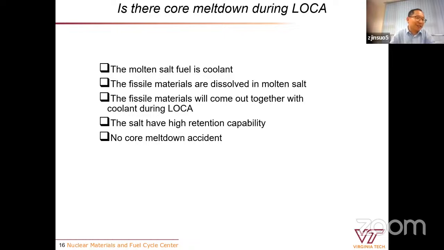I cannot say it completely doesn't release anything, right? But most of them can be retained in the molten salt. As I said, the fuel materials and the fission materials will all come out together with the coolant during loss of coolant accidents in this molten salt reactor.